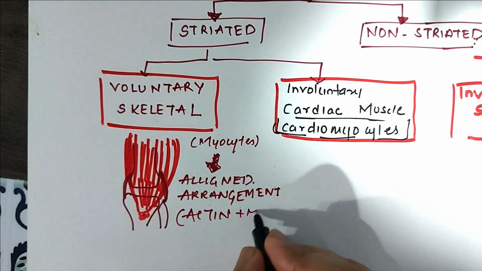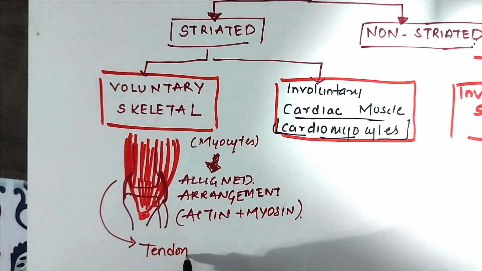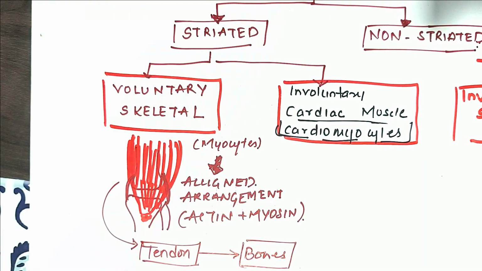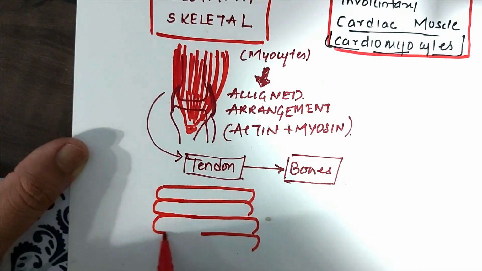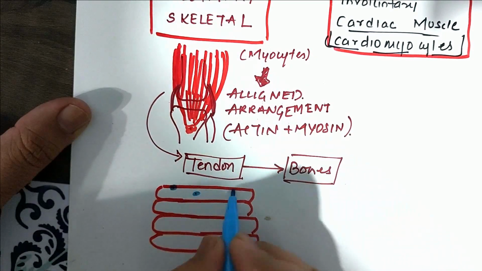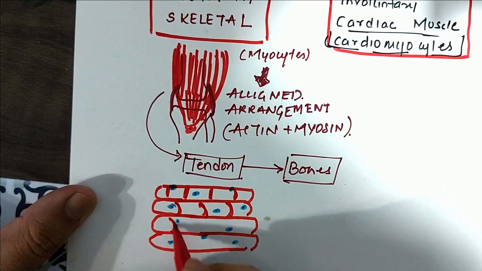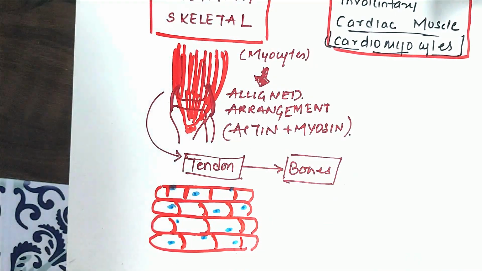Now, skeletal muscle cells are attached to the bone and tendon and can reach up to 30 centimeters in length. These are in tubular form, multinucleated, and have a striated appearance.